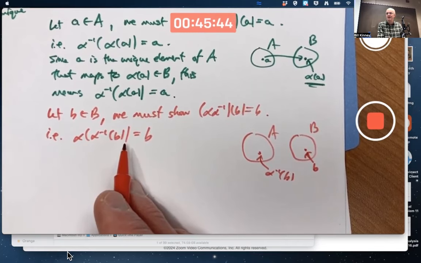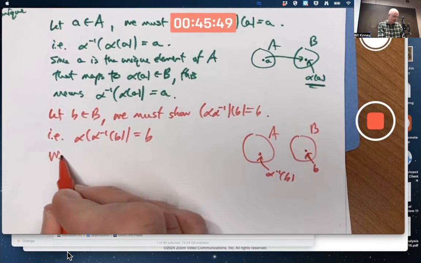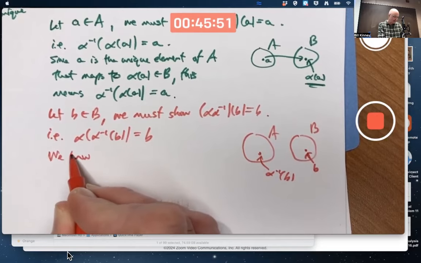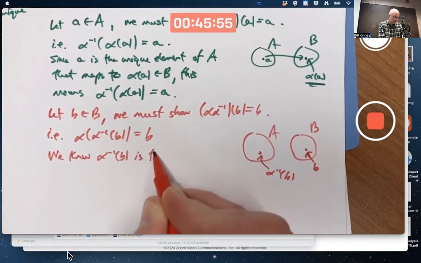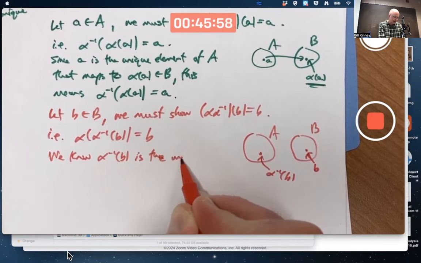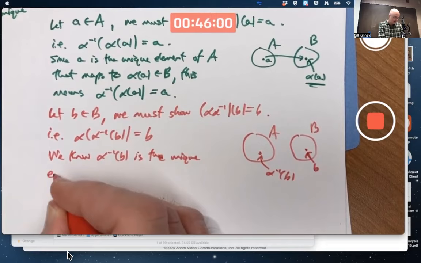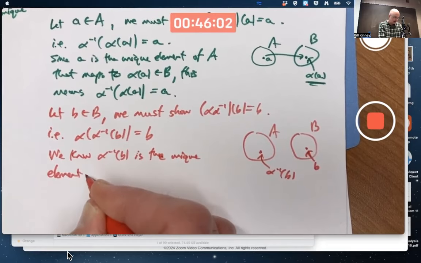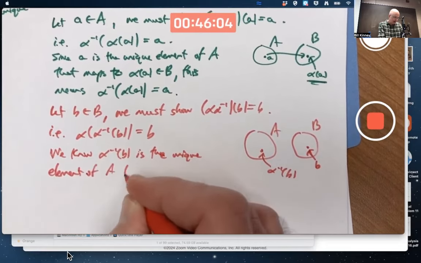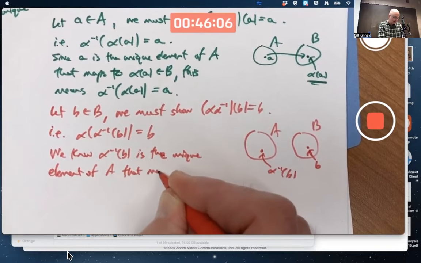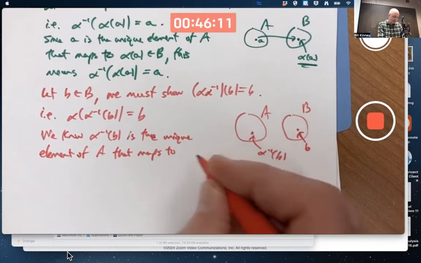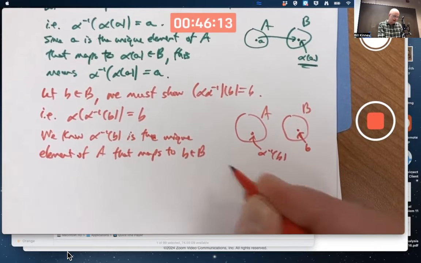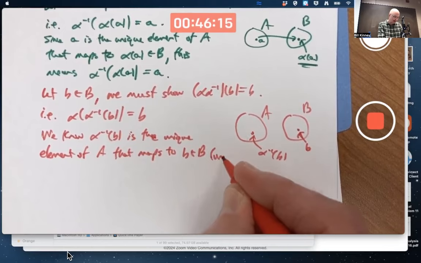Again, it's almost too trivial. It's confusing. We know alpha inverse of b is the unique element of A that maps to b in B under alpha.